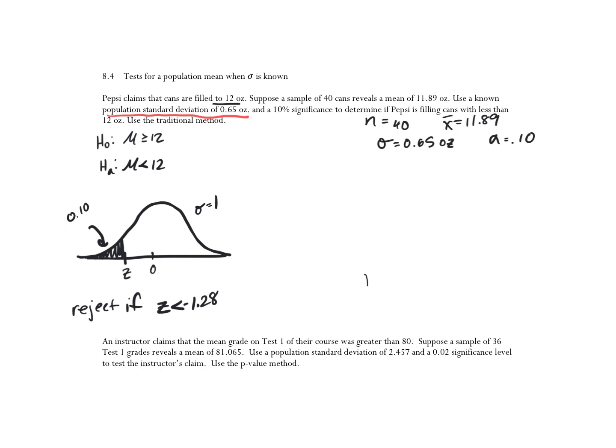Okay, so what do we need to do next? Calculate the Z to decide, is my Z less than negative 1.28? Now, how do I get the Z-score?